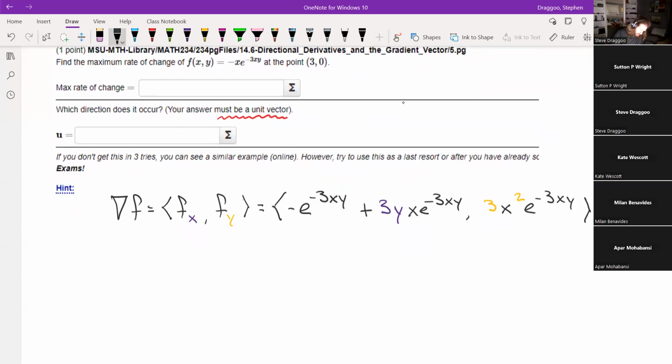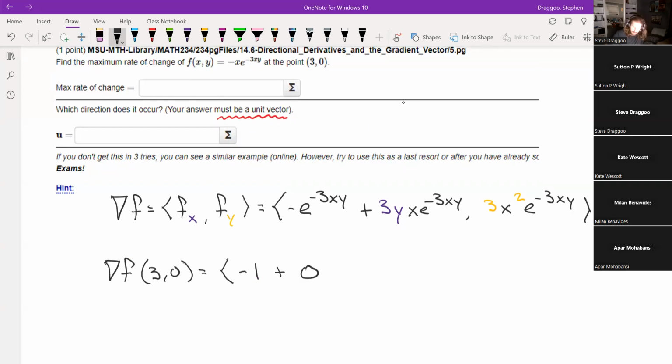Up next, now that I have the gradient itself, I just need to plug 3,0 into it and see what shakes out. If I plug in 3,0, I'm going to get negative e to the 0, which is just negative 1, plus 3 times 0 times other stuff.